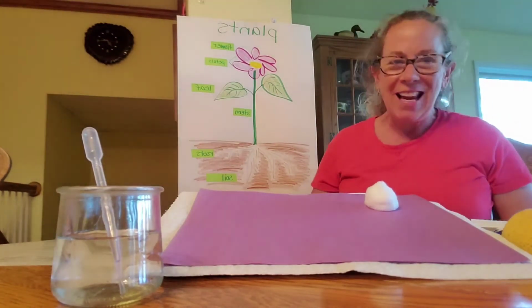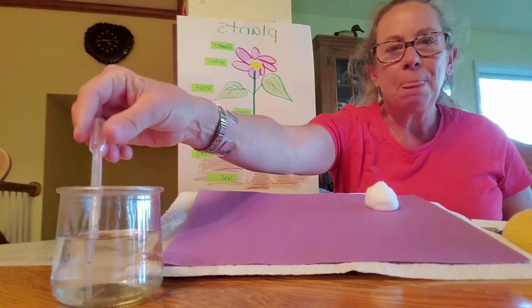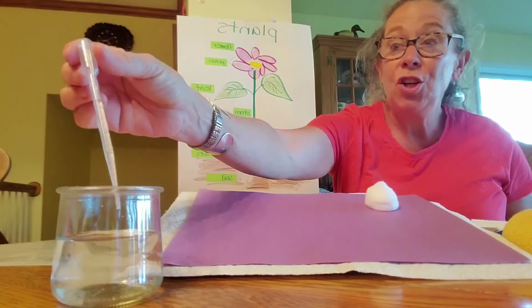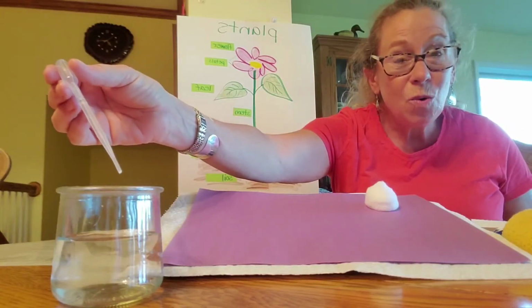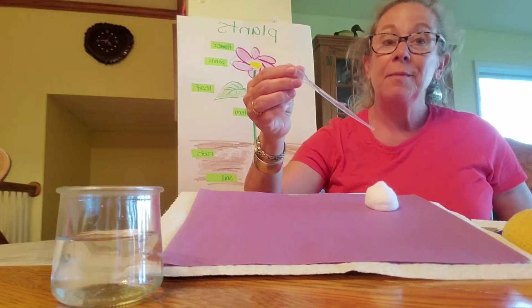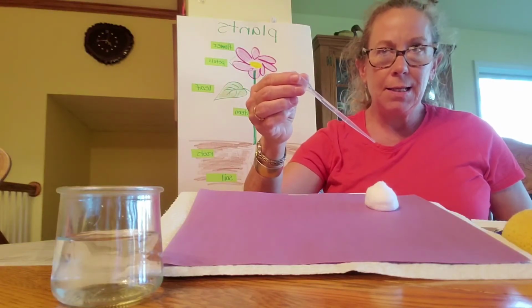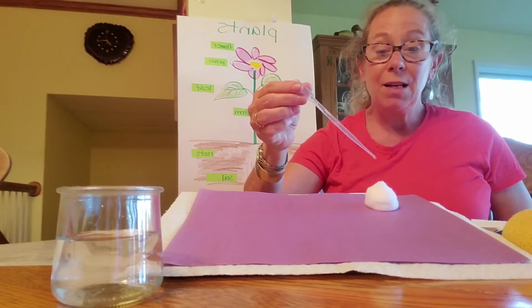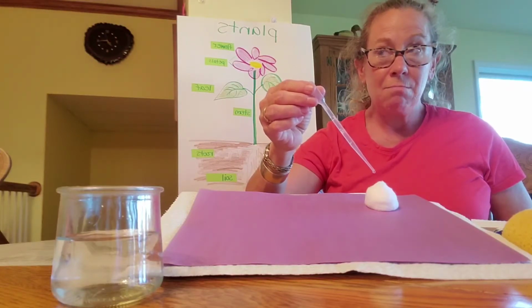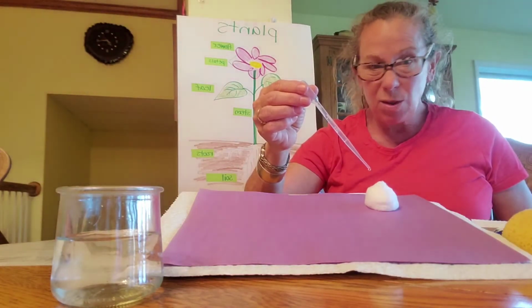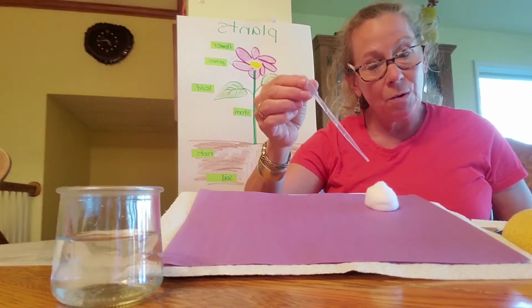I heard you, thanks. Okay, so we're going to get some water in our pipette. You might have something else you want to put the water on the item with. I saw something today when I was delivering bags. You might have a different thing, a little sprayer of some kind or something like that that you might want to add the water with.